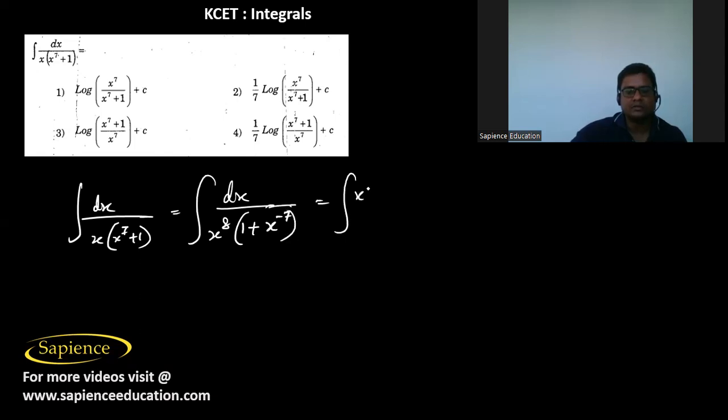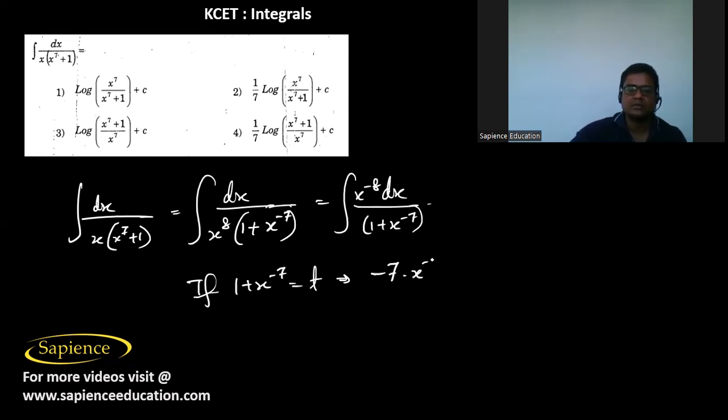So this is actually integral x power minus 8 dx by 1 plus x power minus 7. Now if I take 1 plus x power minus 7 as t, then we'll get minus 7 into x power minus 8 into dx, that is equal to dt. So x power minus 8 dx, I can write it as minus dt by 7.